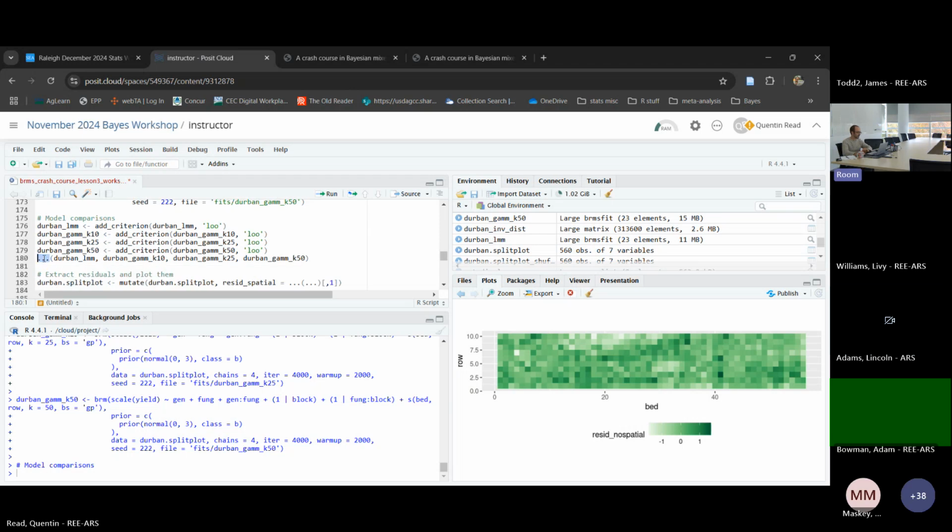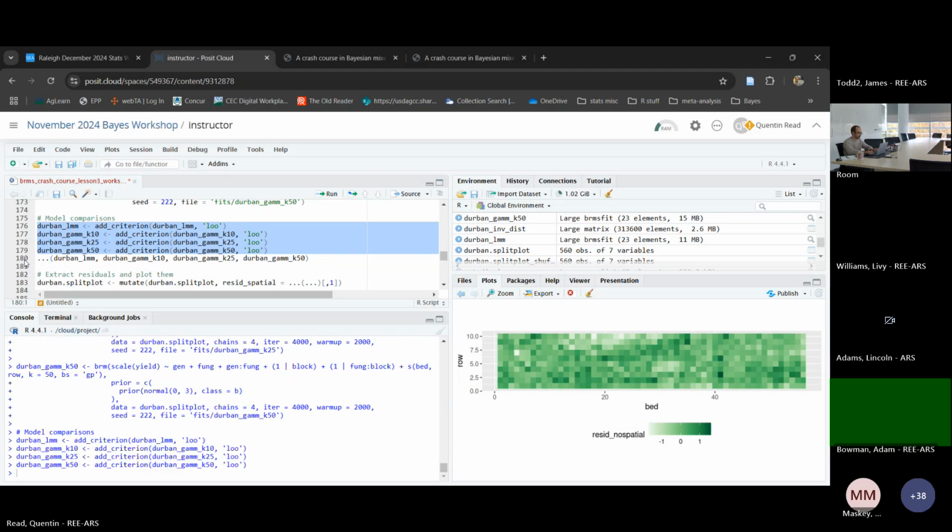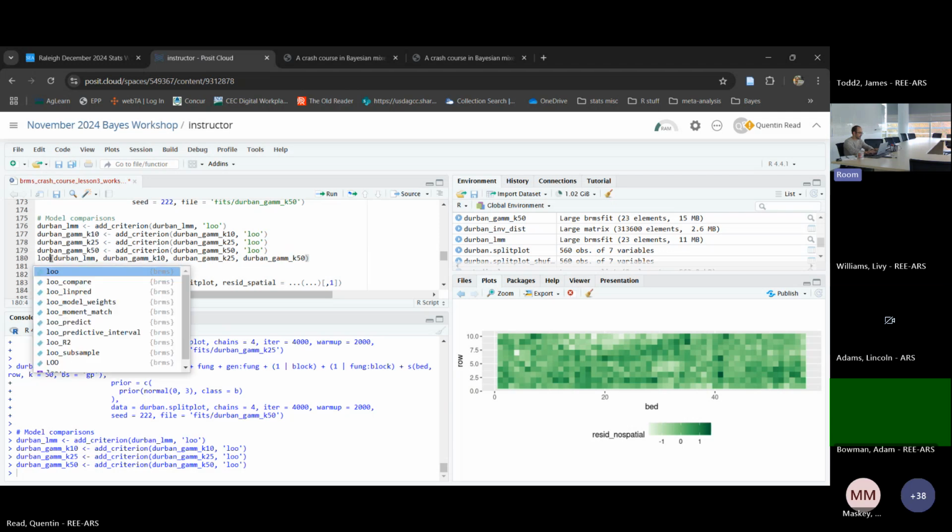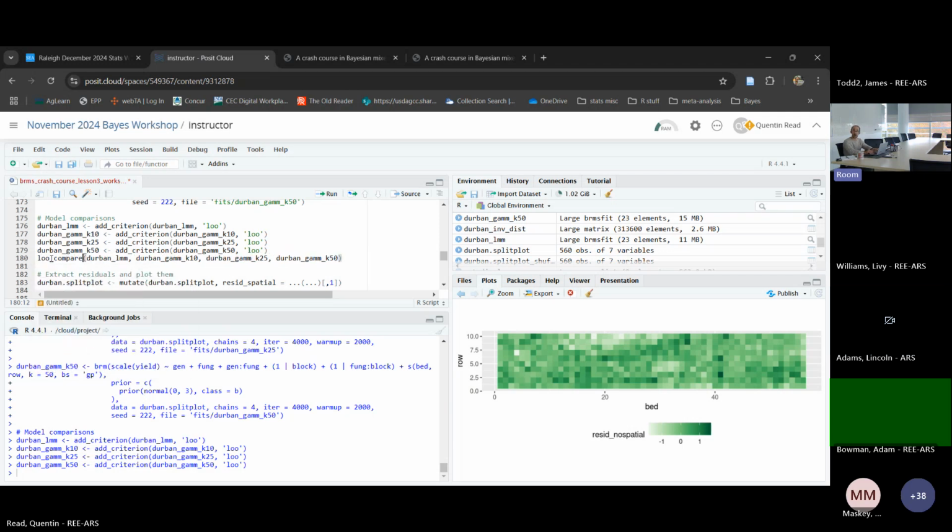We'll run that code. Again, this is preloaded, so normally it would take time to compute those criteria, but it was already computed ahead of time. Then we're going to use loo_compare to do a model comparison of the four models.